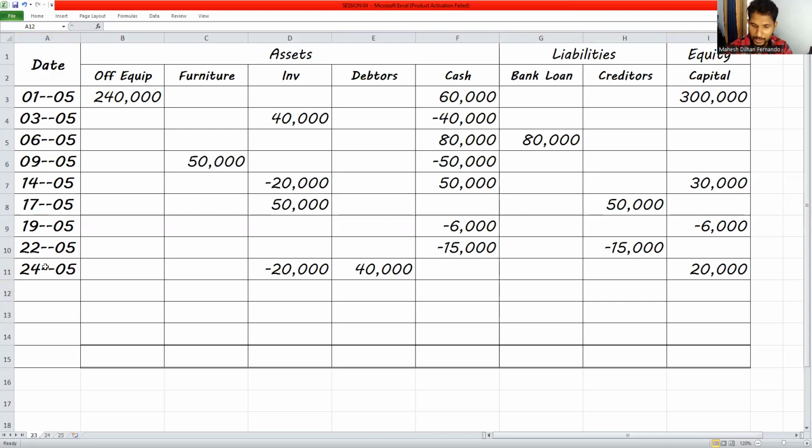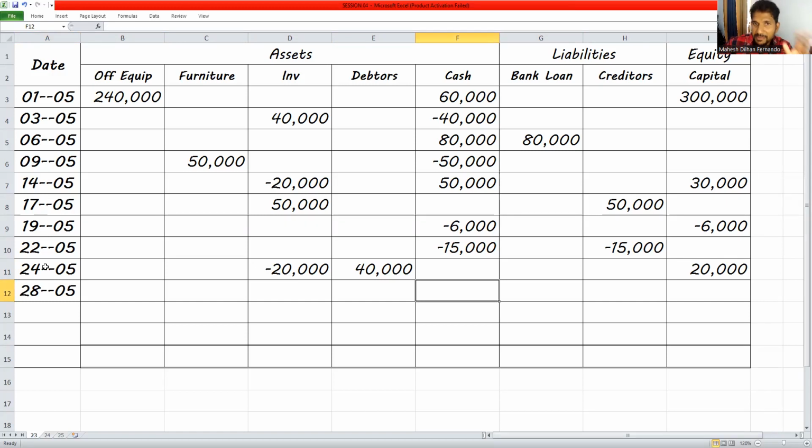Look at the next one, 28th of May. The owner withdrew 10,000 for his personal use. The owner has taken 10,000 out of the business.